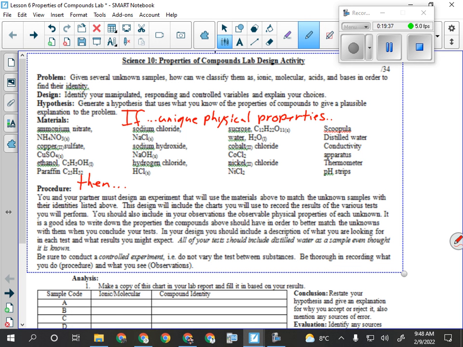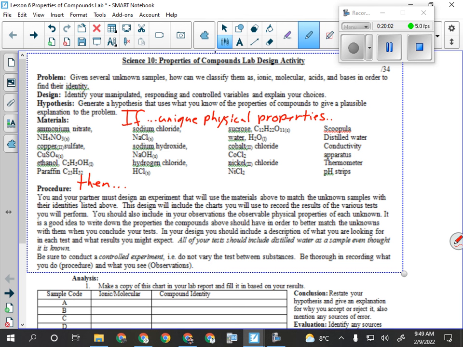The then part needs to predict your results and or explain what you're going to be able to do. In this case, it's a little of both. The idea that we're working on, again, is that everything has unique physical properties. We're running a bunch of tests to determine those physical properties. What am I hoping to do with those physical properties?